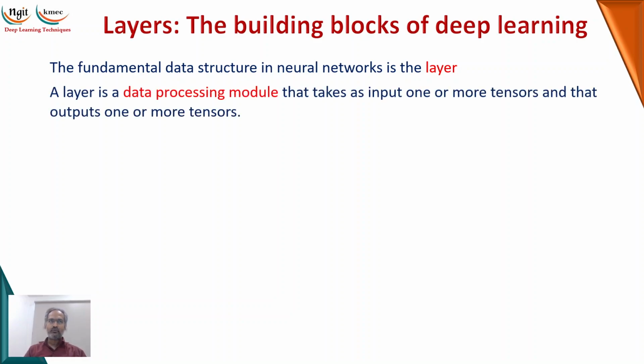What the layer does is data processing. It is the data processing module, and it takes the data, that is the tensor, as the input, and the output will be again a tensor. So what is the tensor? Tensor means it is the vector.